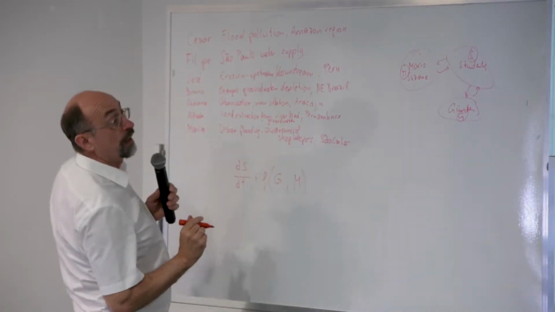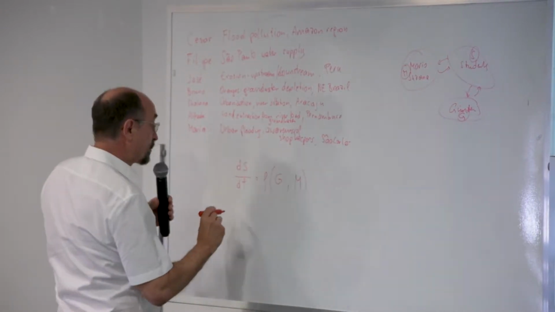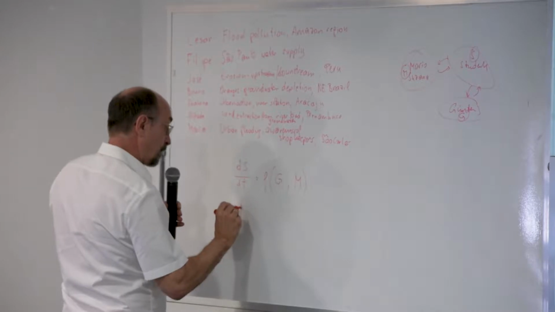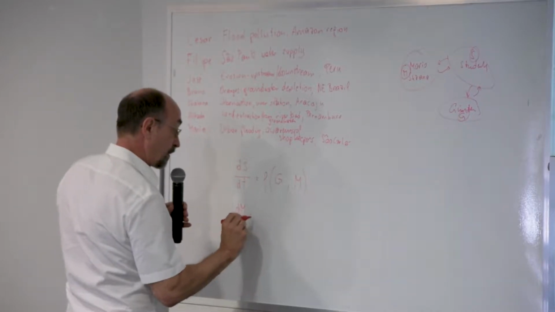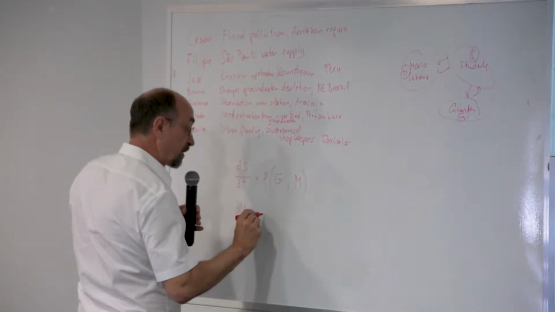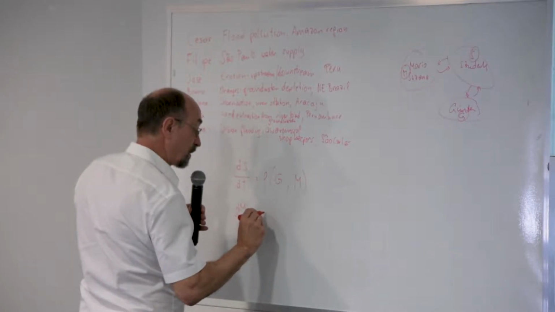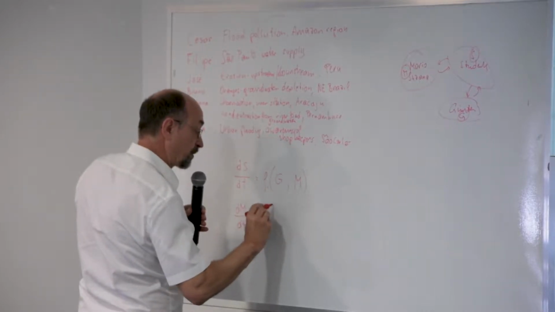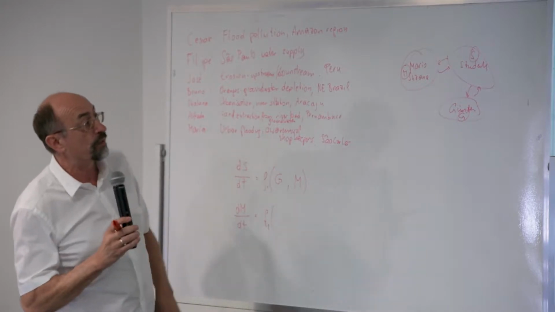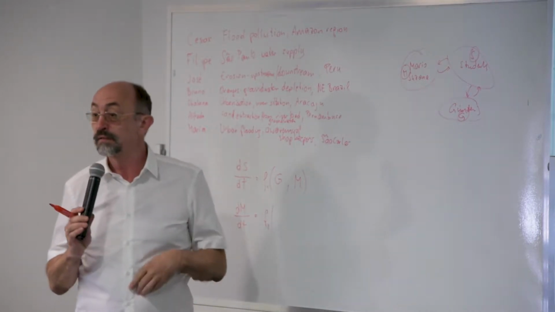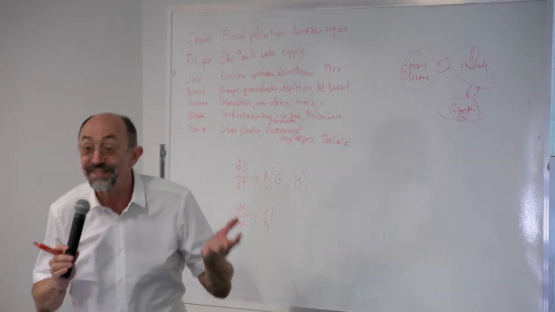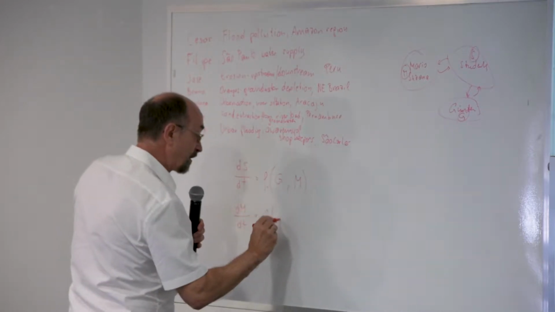Okay, then next, Mario and Suzanne. It's another function, right? Function 1, function 2. And the happiness of Mario and Suzanne depend on the students. Isn't that wonderful?